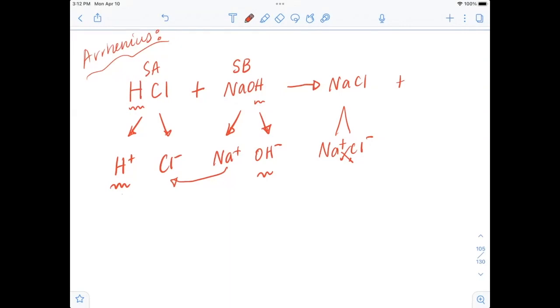And then the hydrogen ion from the first goes with the hydroxide ion from the second, and from here we get water. So from Arrhenius' definition of acid and base, we understand that strong acids and strong bases usually form salts and water.